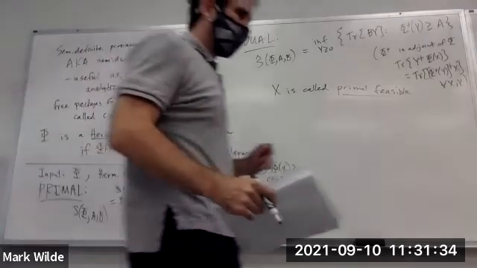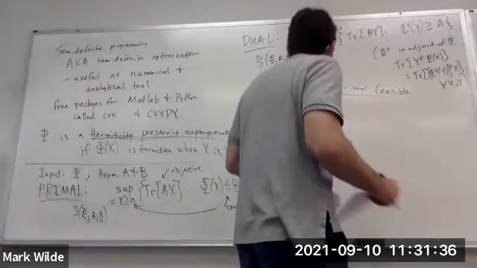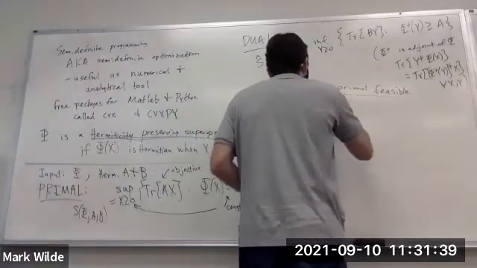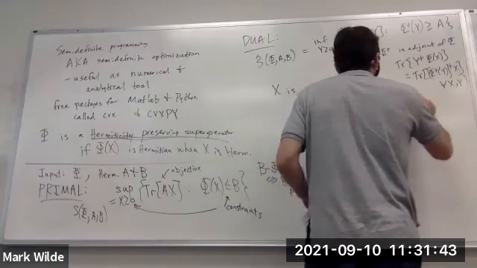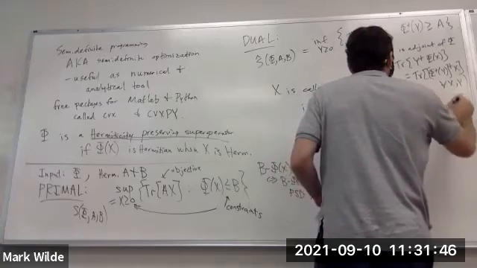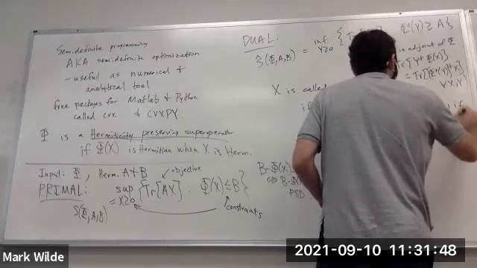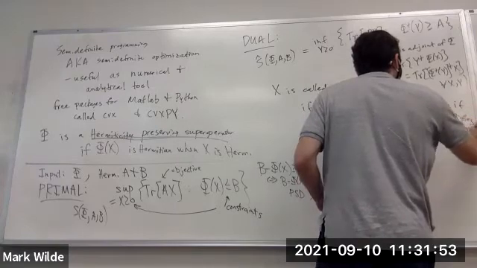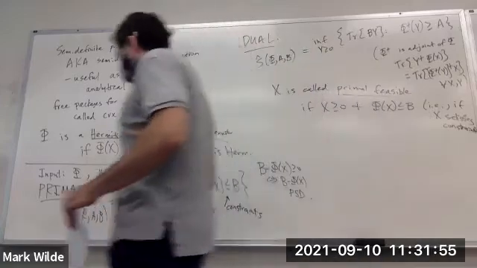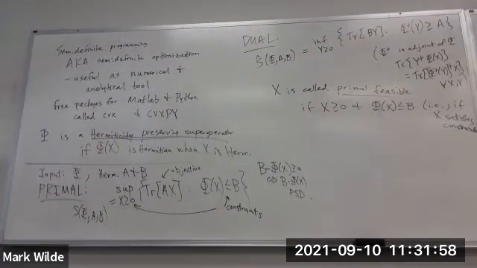I guess another word would be admissible, i.e., X satisfies the constraints. If you present an X, it's at least something that can be considered for the optimization. If X doesn't satisfy the constraints, then you can't even consider it. Not even relevant.